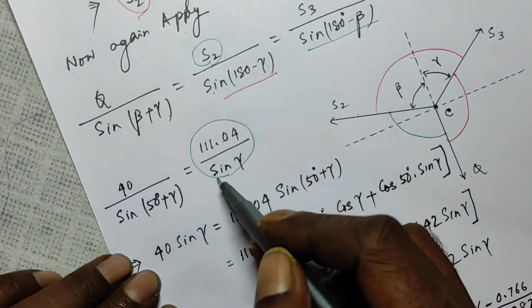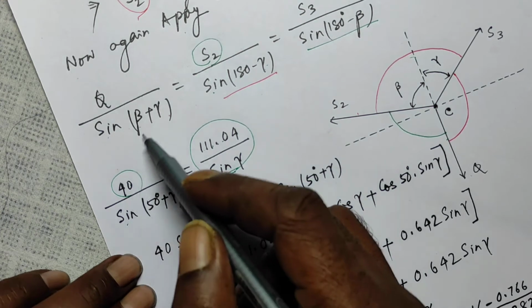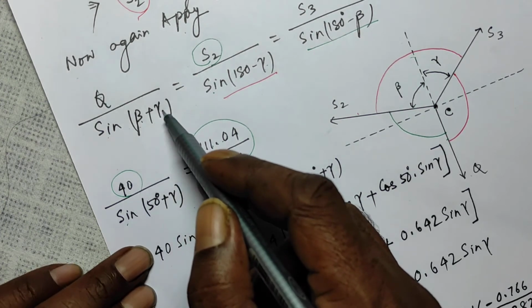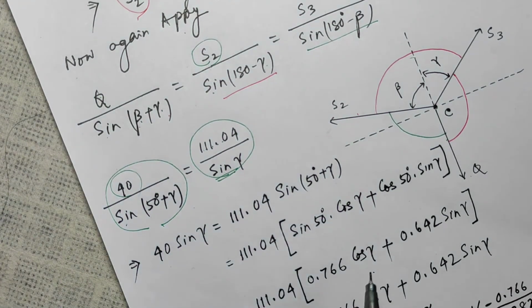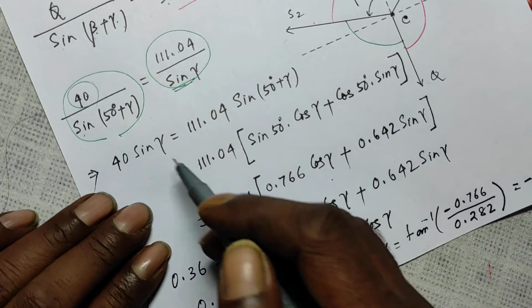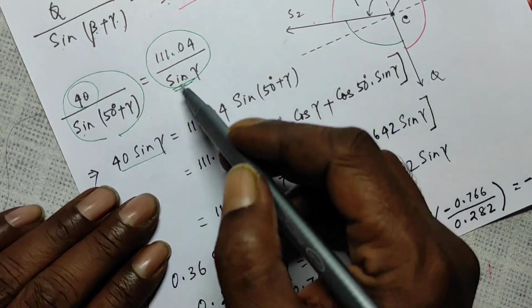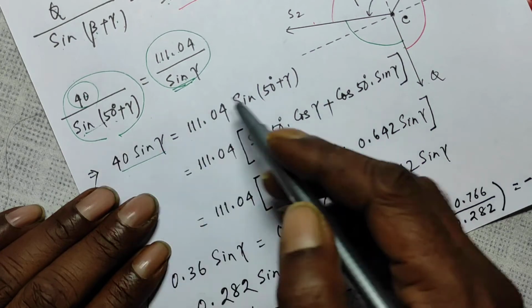From trigonometry, same thing as sine gamma. I have put the value of Q, 40, sine of beta value is put in, gamma is to be found out. Now just cross multiply. 40 sine gamma is equal to 111.04 sine 50 plus gamma.